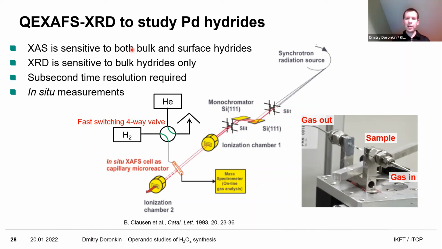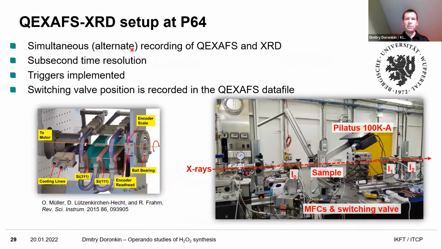Of course, if we want kinetics for this fast reaction, we need sub-second time resolution, and we need to go for in-situ measurements. Luckily, with respect to the sub-second time resolution, we have a nice collaboration with a group from University of Wuppertal, who provided the quick XAS and quick XRD setup at the P64 beamline in Hamburg.